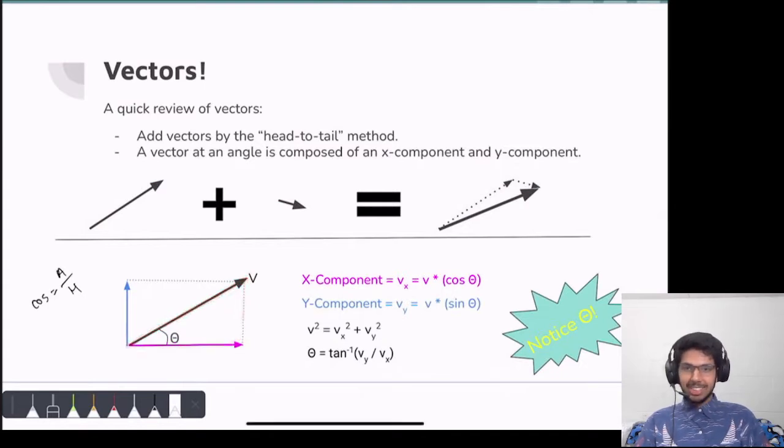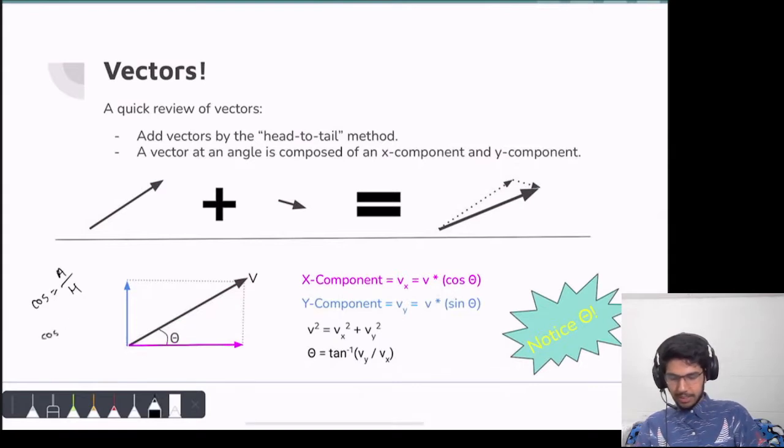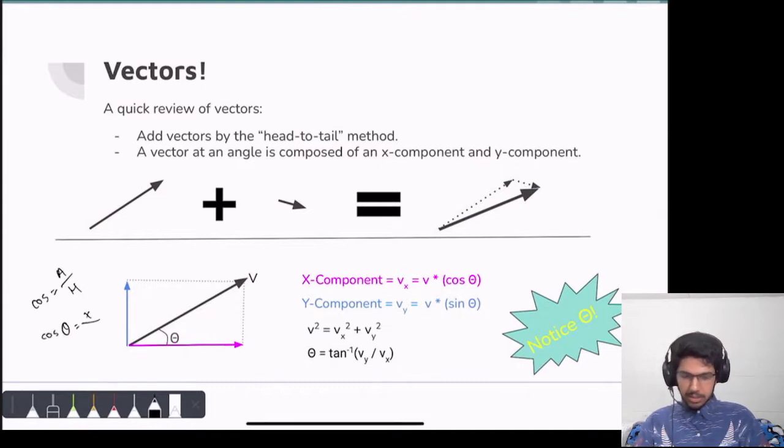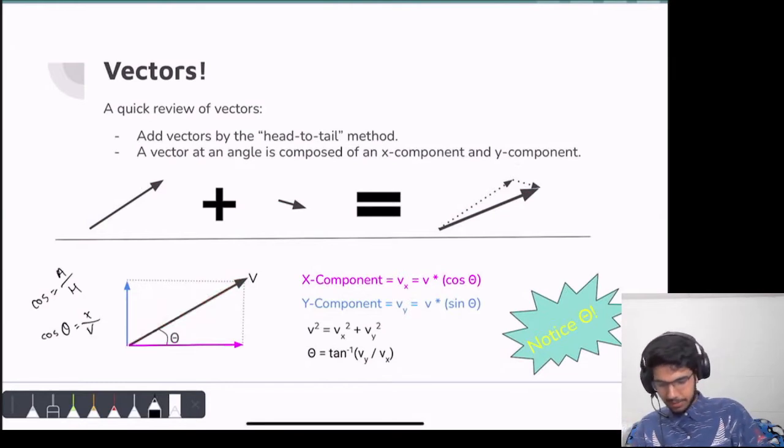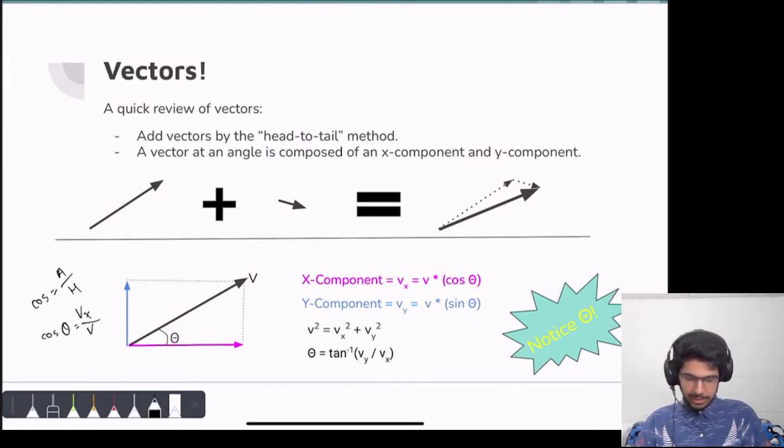So the adjacent side to this theta is the x component. So we can say cosine of theta equals x over the hypotenuse, well, that's just this vector v, right? And so we can solve for the x component. Maybe I'll label it v sub x.